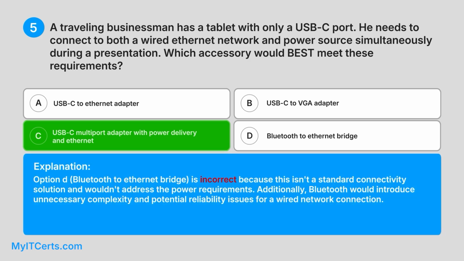Option D, Bluetooth to Ethernet bridge, is incorrect because this isn't a standard connectivity solution and wouldn't address the power requirements. Additionally, Bluetooth would introduce unnecessary complexity and potential reliability issues for a wired network connection.